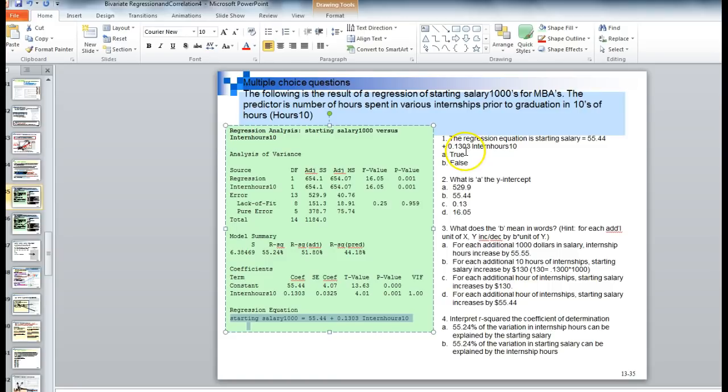That looks like it's true to me. What's the y-intercept? This is the y-intercept. What does a beta mean in words? For each additional 10 hours of internship, starting salary goes up by $130.